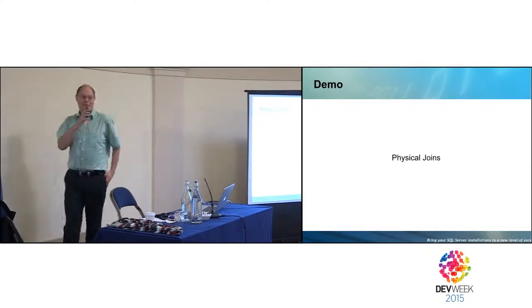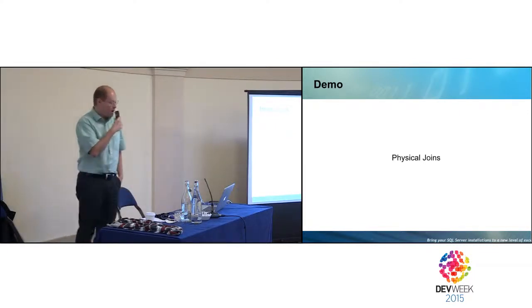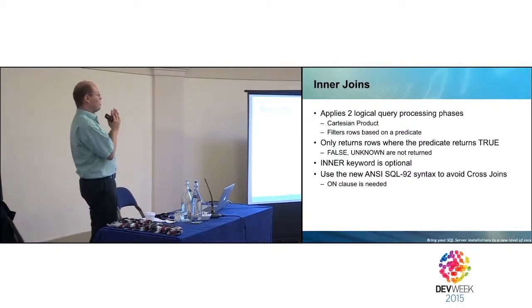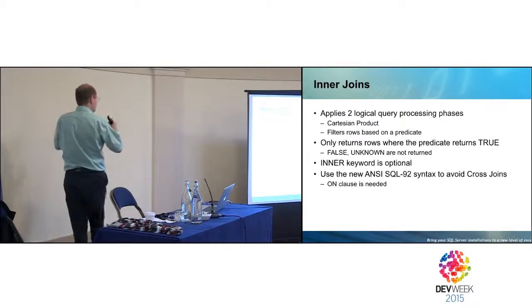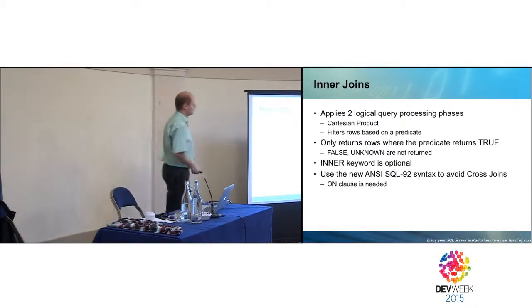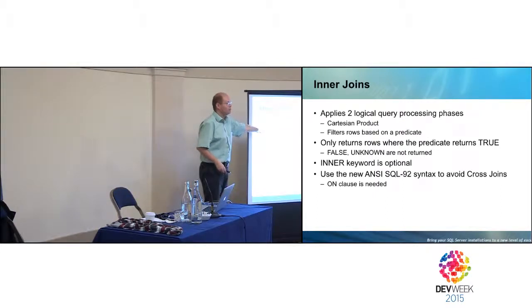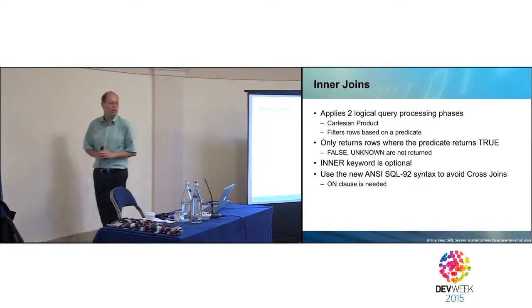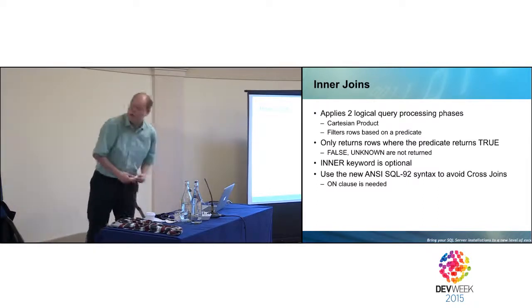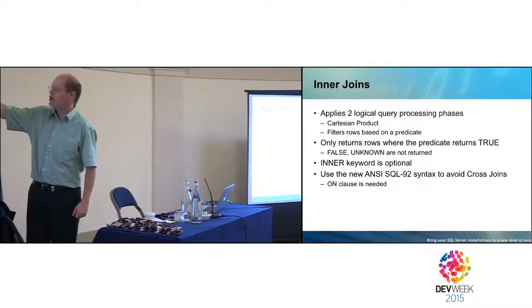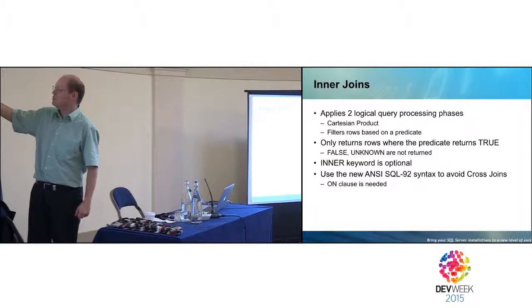Inner joins. When we perform an inner join, we perform on the logical level 2 processing phases. In the first step, we create our Cartesian product, and afterwards we just filter common rows. Imagine in our case, we perform now a join. Inner join, and we say on a.id equals p.id.